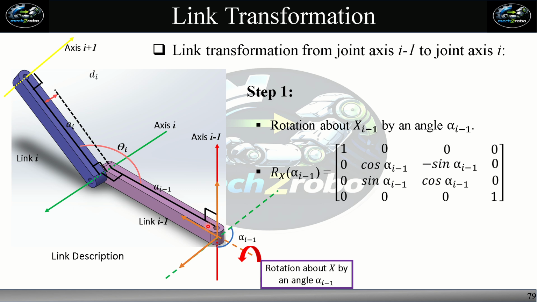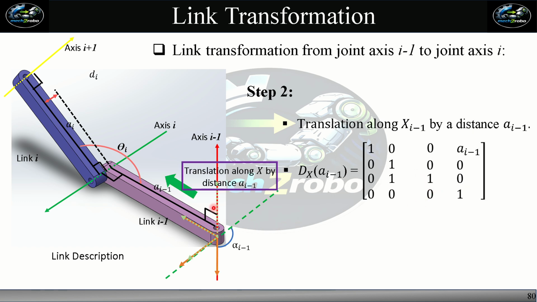We rotate this frame along this x axis by the angle alpha i minus 1, and this is the mathematical representation of this rotation. We can see that we just rotate the frame about this axis, and this axis came here, and this axis goes in the bottom direction.